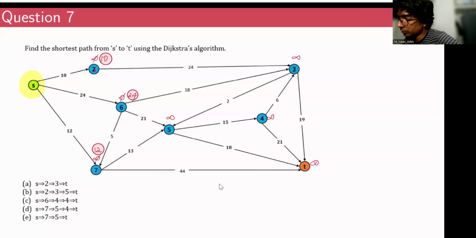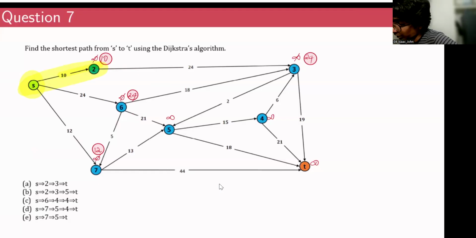And the cost to move from node 2 to node 3 is 24. So total cost, I'll replace this infinity with 24, like so. We have expanded all the neighbors of node 2, so we'll exclude node 2 from further exploration.